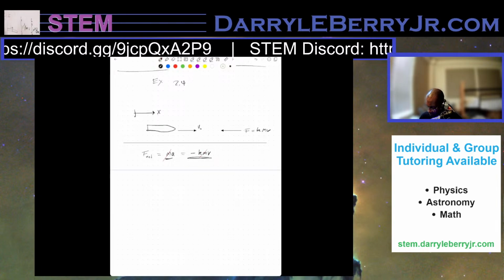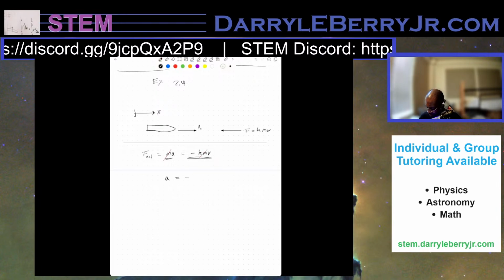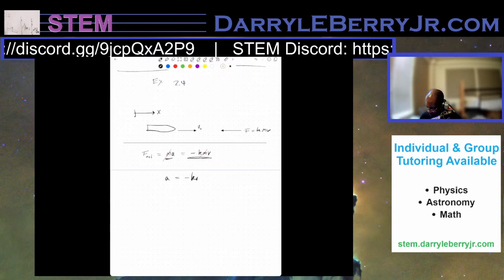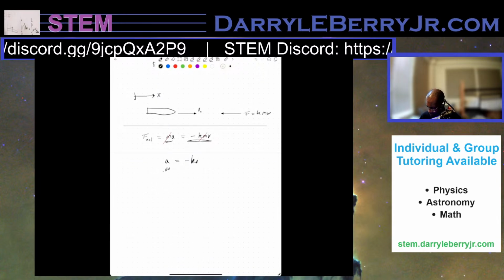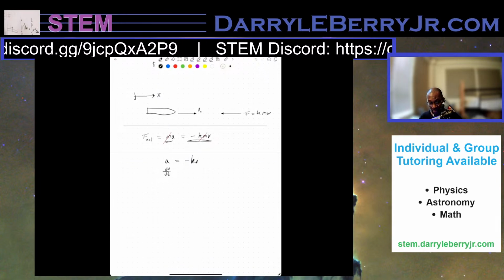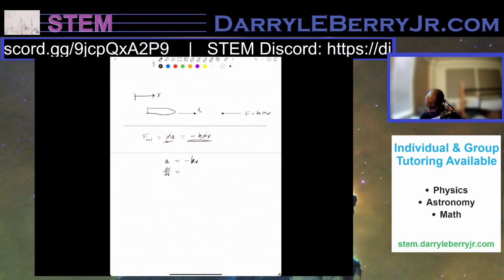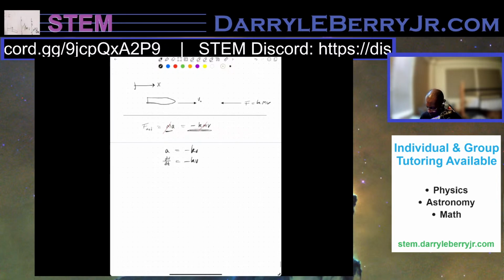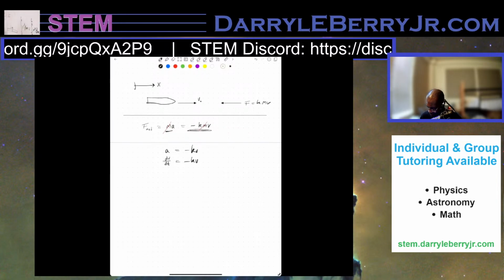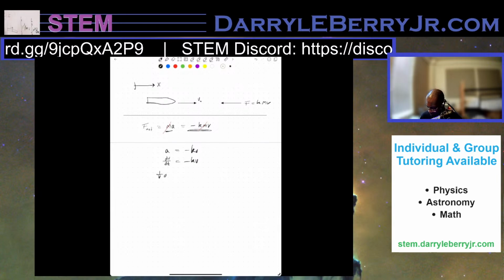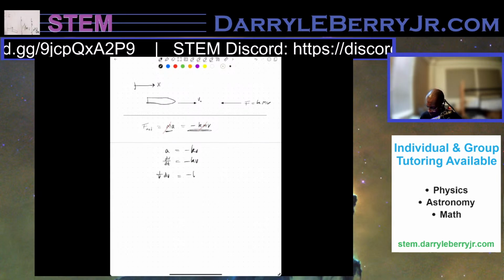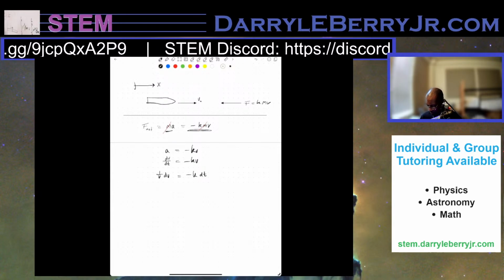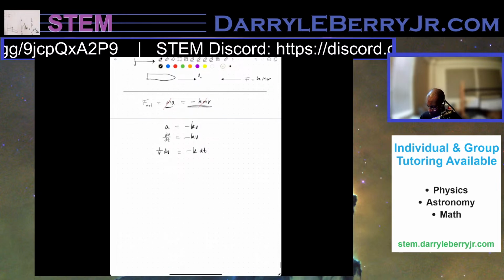So we have a equals negative kv, dv over dt equals negative kv. So 1 over v dv equals negative k dt. We need to put all the v's on one side.